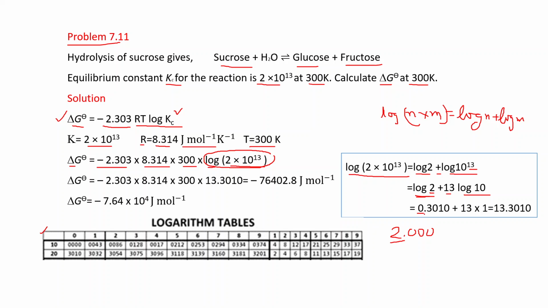Then forget the decimal. Now we will look at the value of 20 in column 0. So this is 20 in the vertical column, and this is 0. There is no need to see the mean difference because the mean difference starts from 1. So this is 3010, so we put 0.3010. This is the value of log 2.